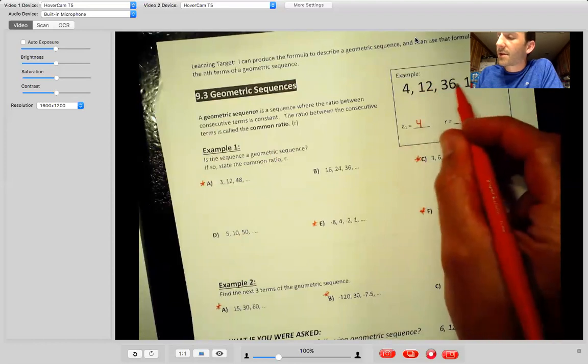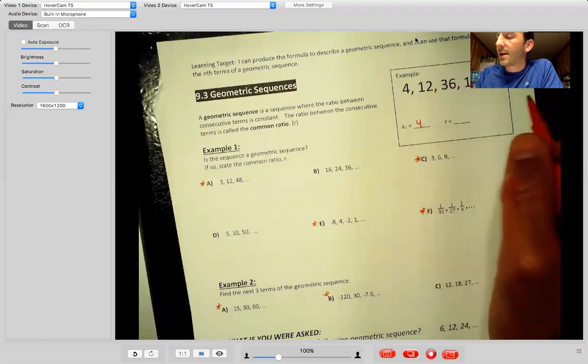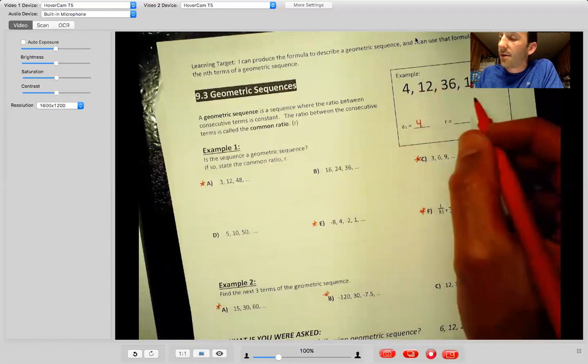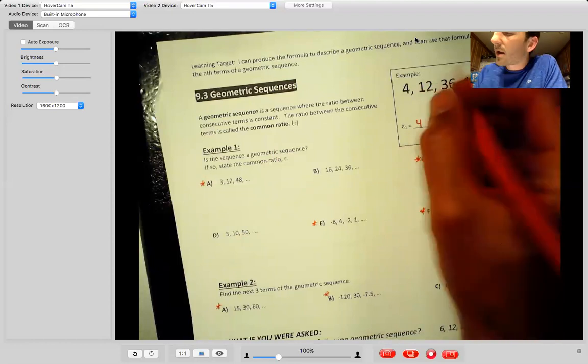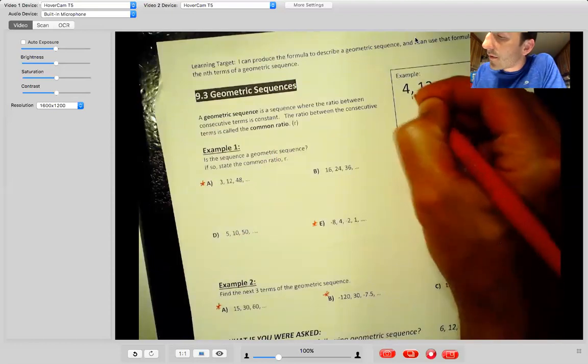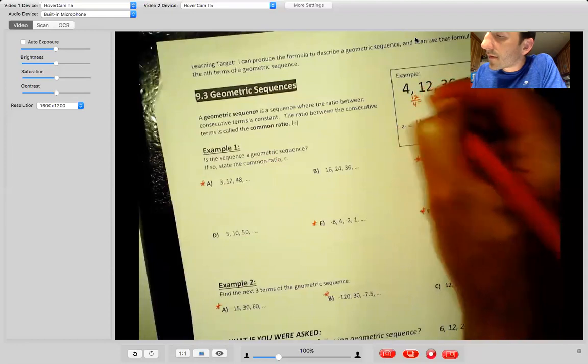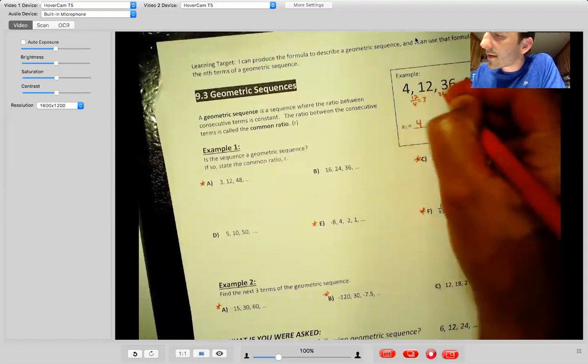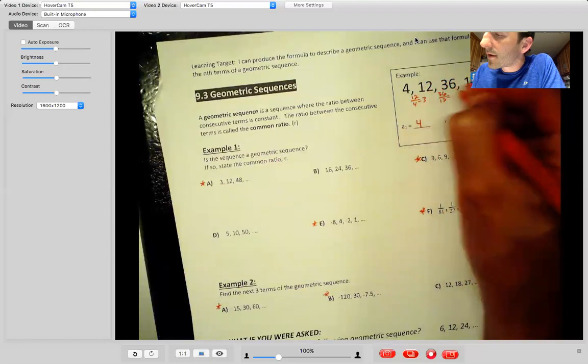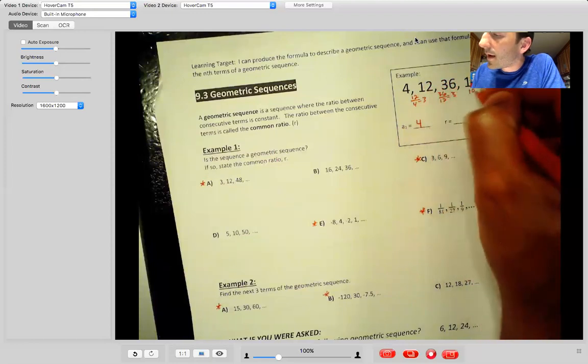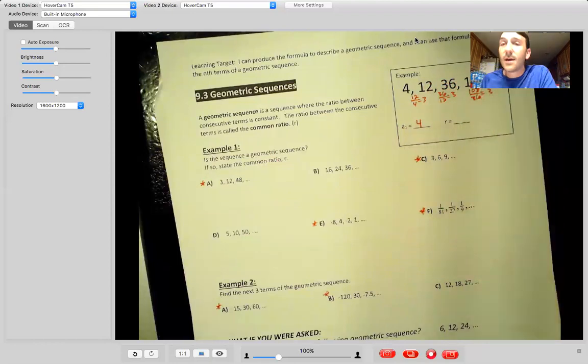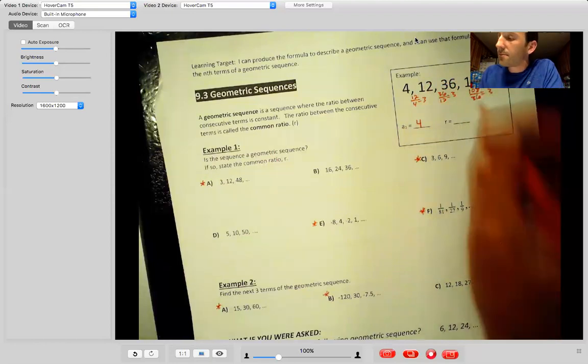But then obviously 36 minus 12 is not plus 8. So anyways, the difference here is that you divide. 12 over 4 gives me 3, just like 36 over 12 gives me 3, and then 108 over 36 is going to give me 3. So anyways, that's how you find that common ratio.